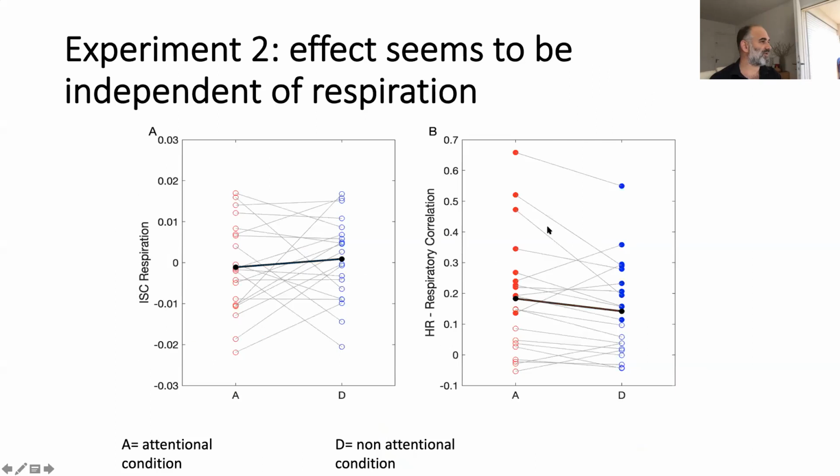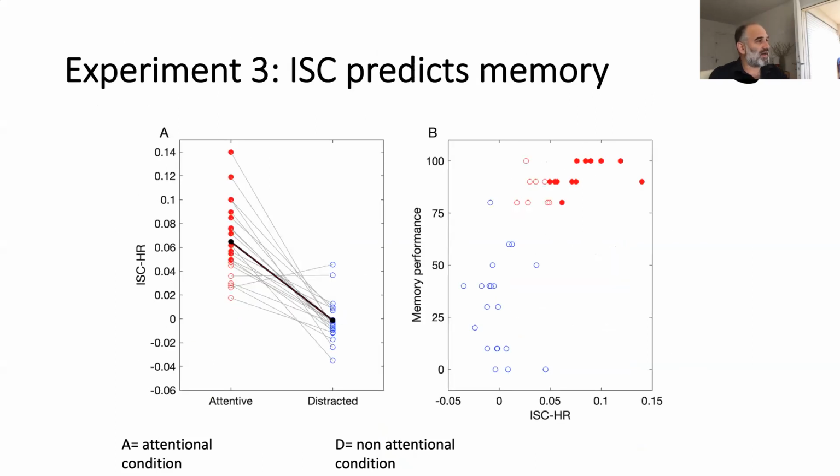Okay, let's go back to the slide. In this case, this was a new data set. Experiment 2 was data already acquired for the original paper of Lucas in EEG. In this case, we had 4 stories, and the subjects either heard story 1 and story 2 in the attentive condition, and story 3 and story 4 in the distracted condition.